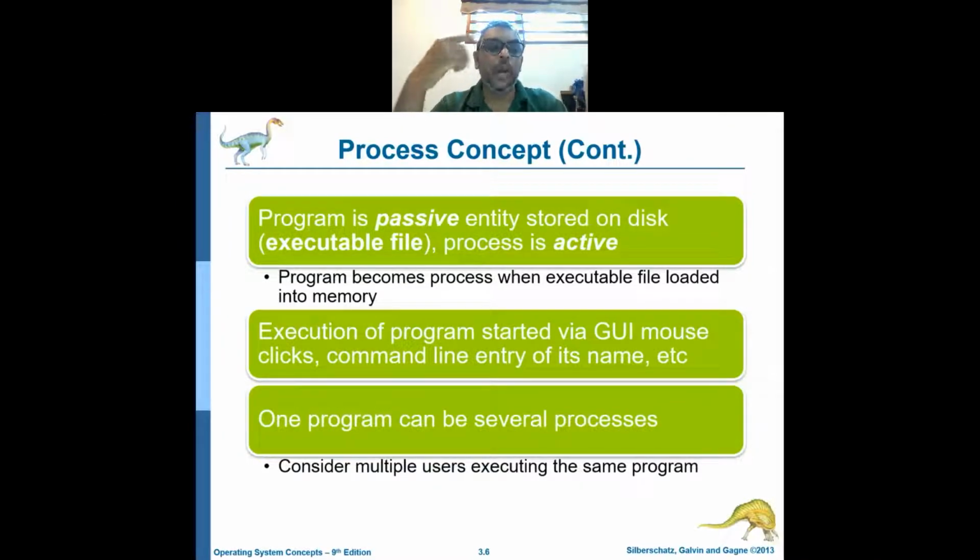Okay, so one program can have several processes. Right? One program, several processes. How is that possible? Well, you can have, for example, Microsoft PowerPoint as one particular program. When you open PowerPoint, you get document 1. So document 1 can become a process. Document 2 can become a process. Document 3 can become a process.